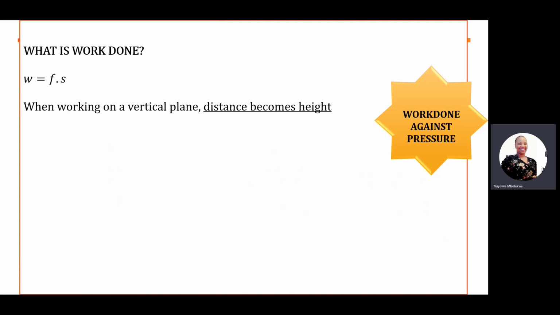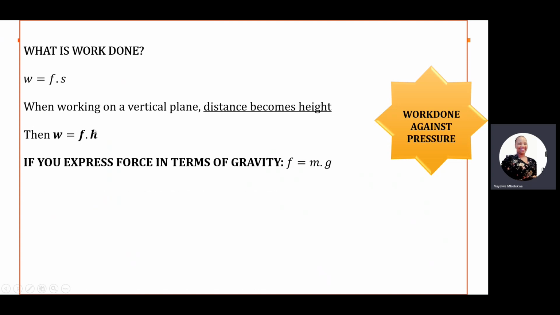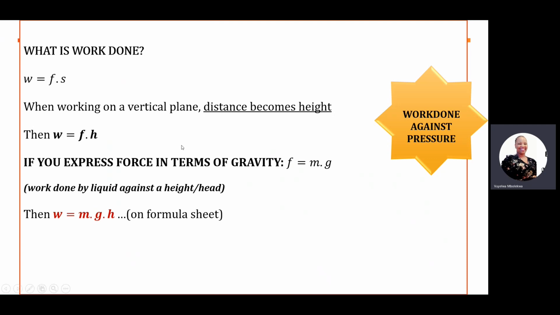So we express distance in terms of height, and work done becomes force times height. But if you express your force in terms of gravity, then F becomes mg, and your work done will be mg for force and h for distance.